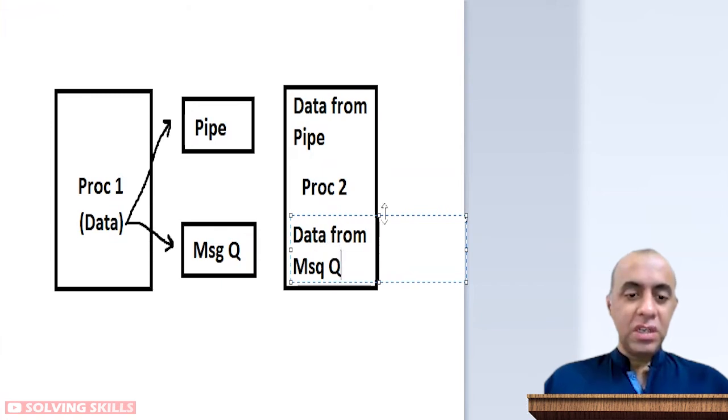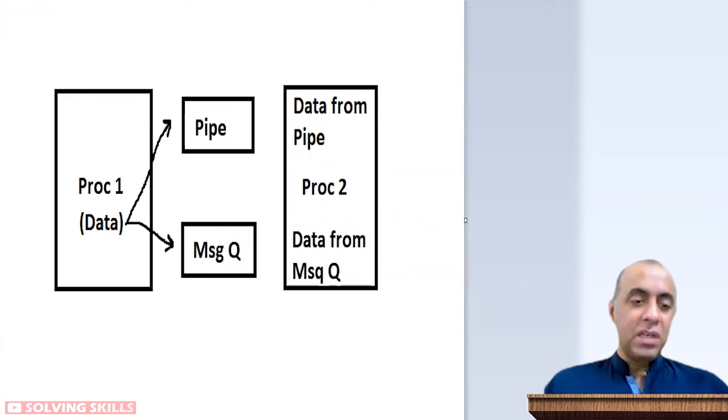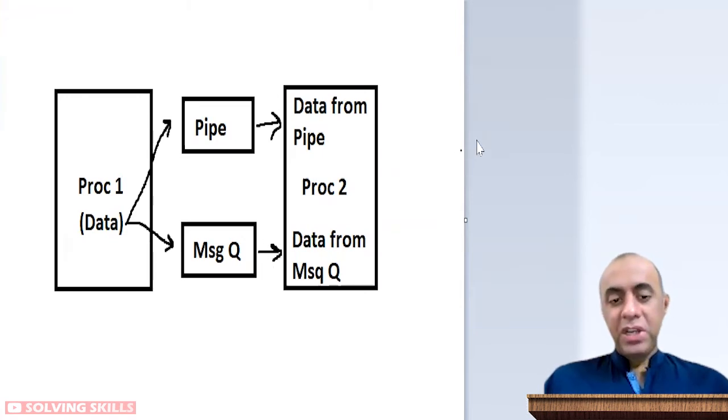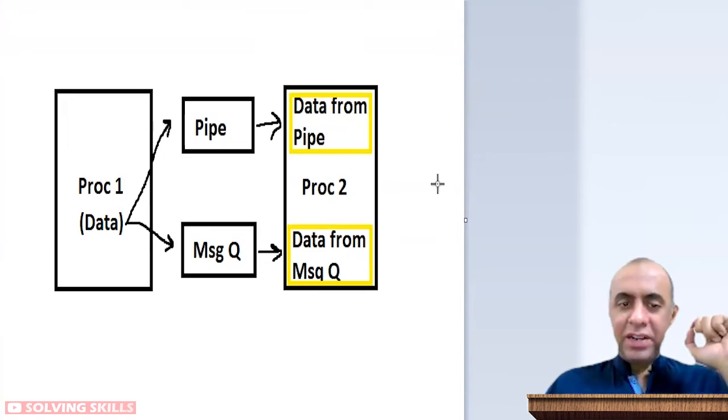So I was just using the word combine in this context, that both of these things are being done in the same pair of programs, the pipe thing and the message queue thing. The data received from pipe is this, the data received from message queue is this.